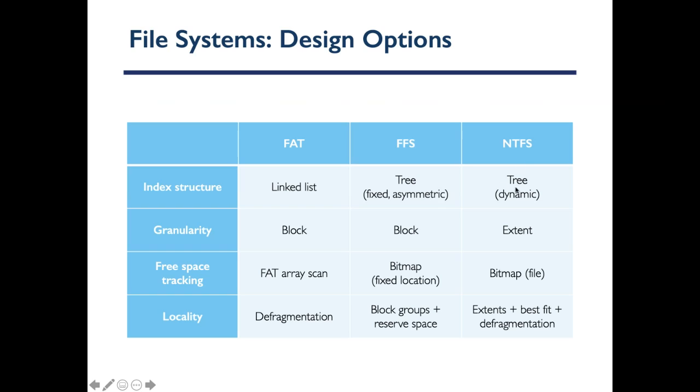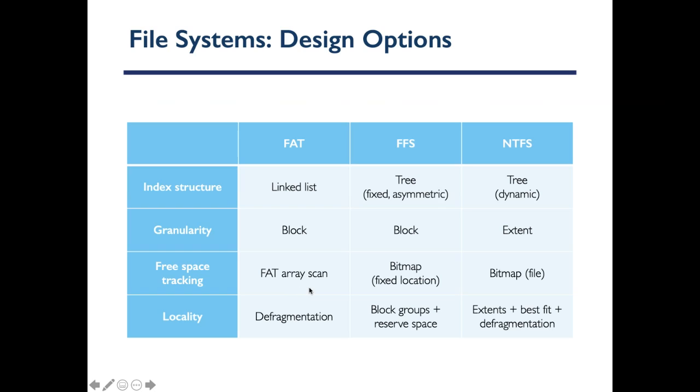NTFS is a tree, but it's dynamic. The size could change as you go. Granularity in FAT is blocks, in FFS is blocks, in NTFS is extents. So the unit is the extent that the file system stores files with.